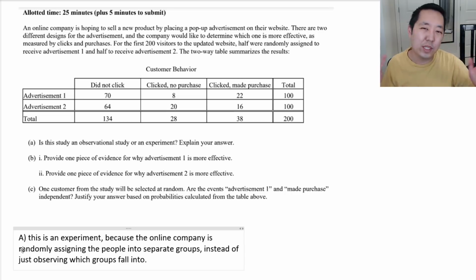Some other examples of experiments versus observational studies: if you were to compare people who smoke or don't smoke, that's an observational study because you are not allowed to tell people to go smoke and to not go smoke, right? An experiment would be one group of people gets to smoke, and one group doesn't. That would be an experiment.